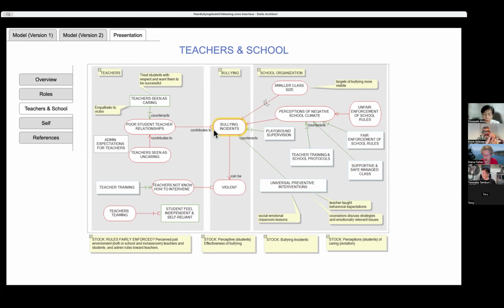And we saw that bullying incidents were very central to this, and the relationship between bullying incidents and caring and uncaring teachers. We thought that if we're going to start a model, we want two main ideas and a feedback loop containing those two ideas, so we have something to start with that's not too big.